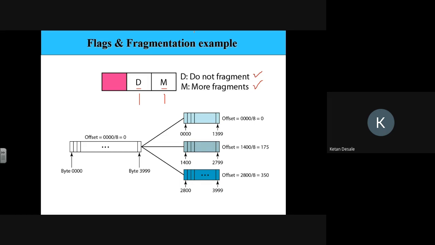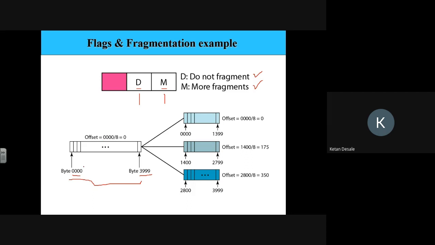Yes, this is fragmentation. Now see, I have this particular packet with a total size of 4000. It starts from 0000 and ends with 3999, so the total overall size is 4000. How am I going to find the fragmentation offset value?